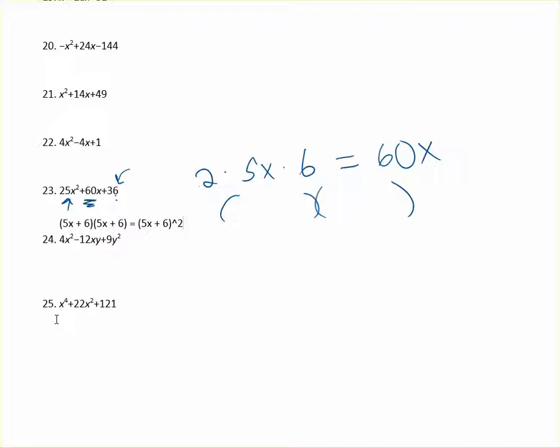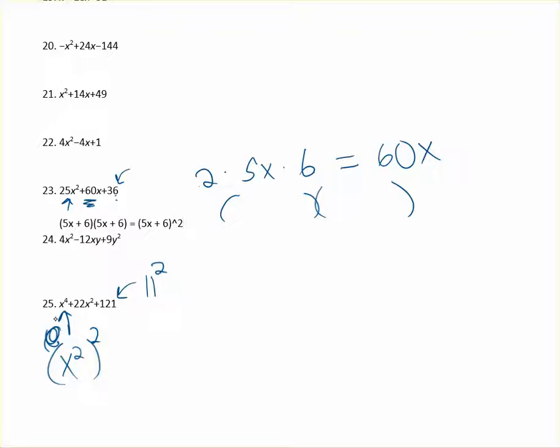Number 25, I'm just going to start you out here with what is A and what is B and so on. So I could write this as x squared squared. That's the same exact thing as x to the 4th. I could write 121 as 11 squared.